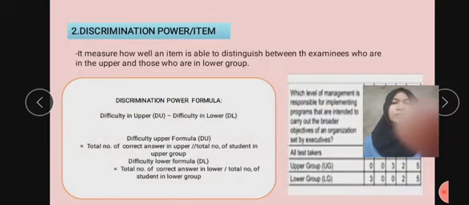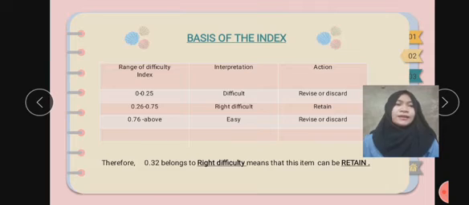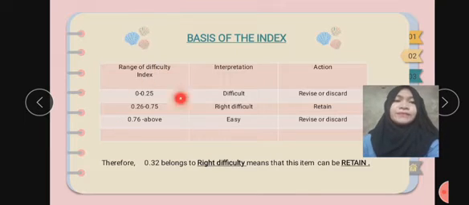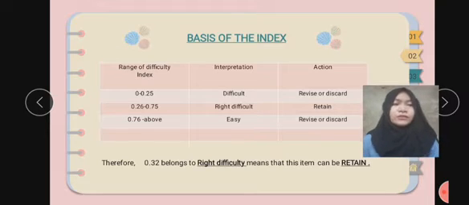Okay, so that's for the item analysis. So again, item analysis, divide lang siya sa number of students who get the correct answer divided to the total of the takers. Then pag nakuha mo na siya yung result, dito ka lang magbabase para makita mo siya kung ano yung interpret niya, kung difficult ba siya, easy, or right difficulty, kung i-revise, kung i-retain, or kung discard.